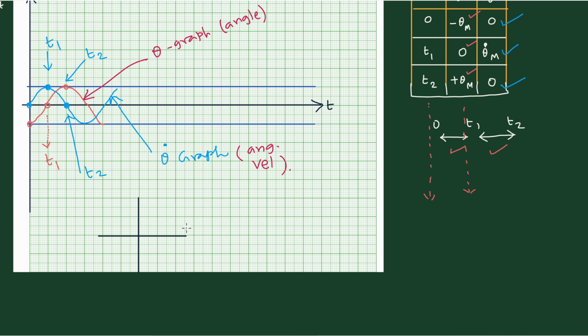So let us make a diagram like this, and then one of the axes will be the theta axis, and the vertical axis will be the theta dot axis. So this is the phase plot. In the phase plot, you will not have time. Time will not be there on the axis. One axis will be one variable, and the second axis will be the first derivative of that variable, theta and theta dot in this case.